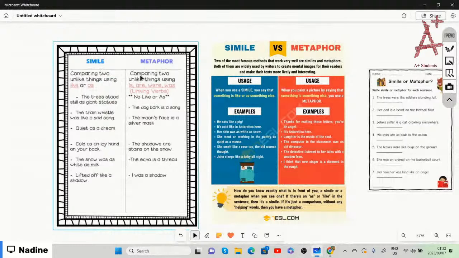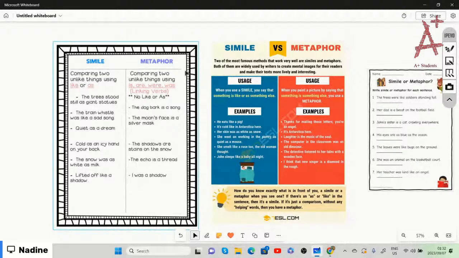Then we have metaphors, right? Metaphors are comparing two unlike things by using is, are, were, was. These are linking verbs. Metaphors don't use words like as and like. So if you see that it has as and like for a metaphor, then that is wrong.